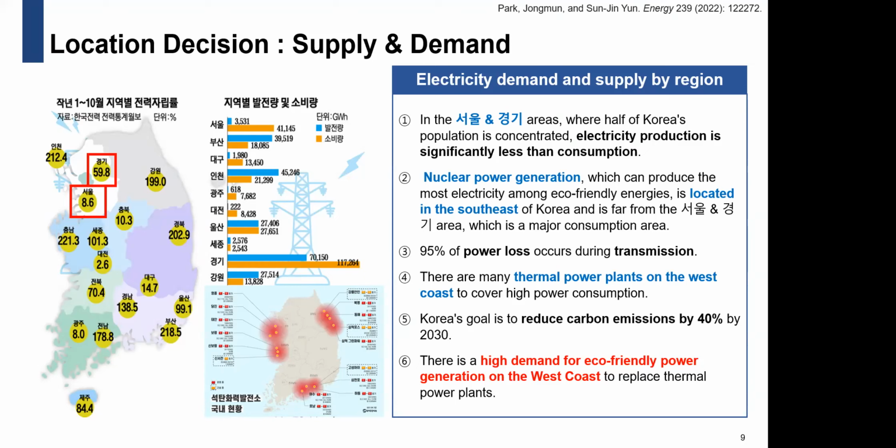Also, Gyeonggi only generates around 60% of the energy they use. But 95% of the power loss occurs during transmission. So there is a high demand for eco-friendly power generation on the West Coast to replace thermal power plants, like fossil fuels.